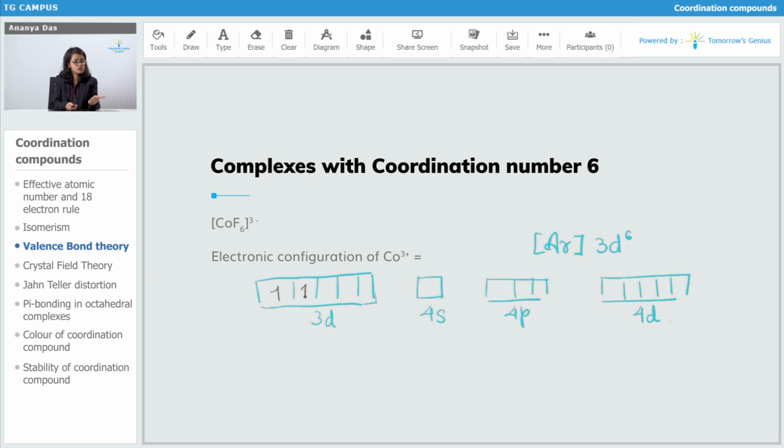That's 6: 1, 2, 3, 4, 5 and 6. Now the d orbital does not have any empty orbitals present. So if overlap needs to happen, then pairing has to occur. But the ligand here is fluorine, and fluorine does not provide the adequate environment for pairing. With fluorine, pairing does not occur. So the 3d electrons will not get paired, and therefore there will be no empty available orbitals on the 3d. So you will have to make do with the orbitals of the 4s, 4p and the 4d.